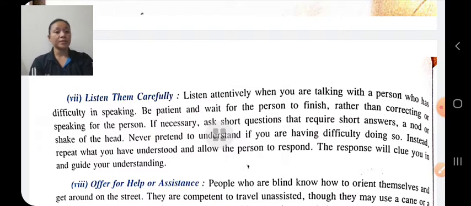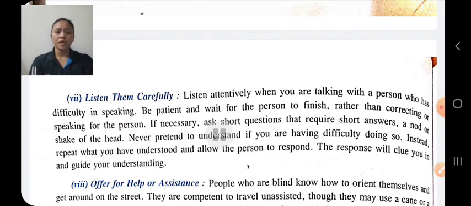Next is listen to them carefully. If the persons have problems in communication or language problems, listen to him carefully. Be patient and wait for the person to finish rather than correcting or speaking for the person.